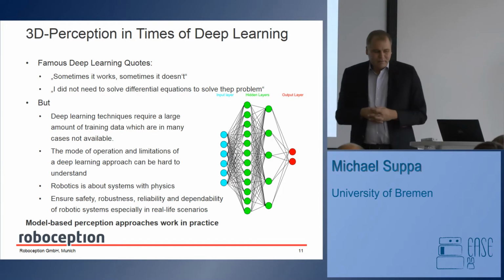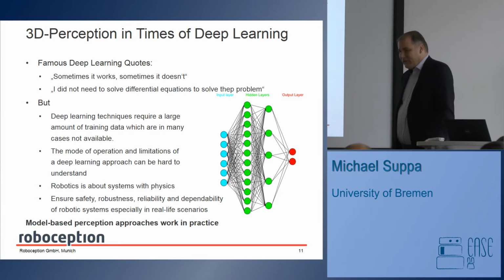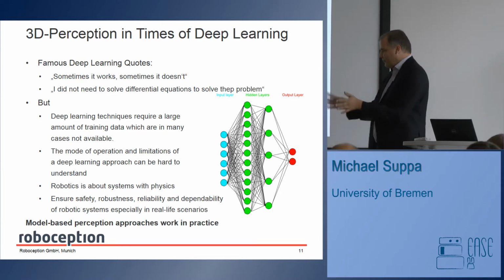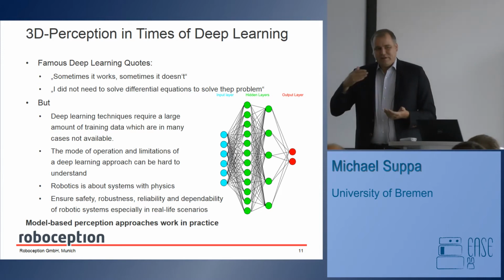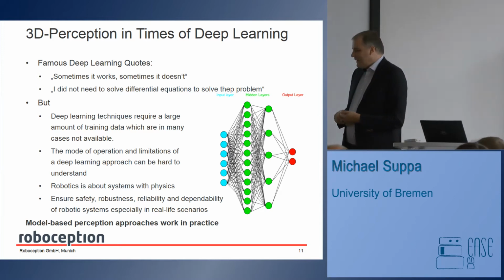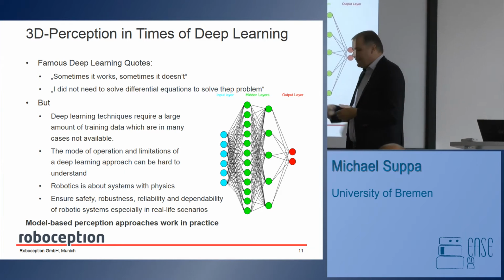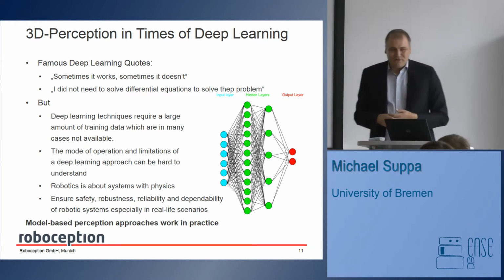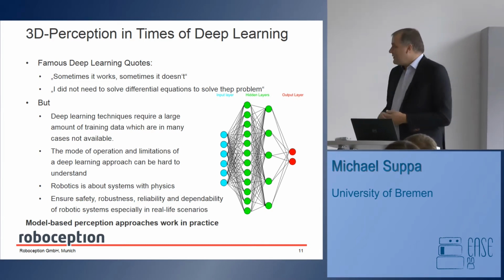So my approach here would always be, if you have a model, use your model, and you can start with a mixed approach. So you have a model-based part that gives you some control on the system, and then you have extension for the things you don't have a model of. And then it's kind of clear, you have constrained the problem a bit more, and in the end, you have a working system. So don't learn things that you already have a model for. That will always be bad because it doesn't help.